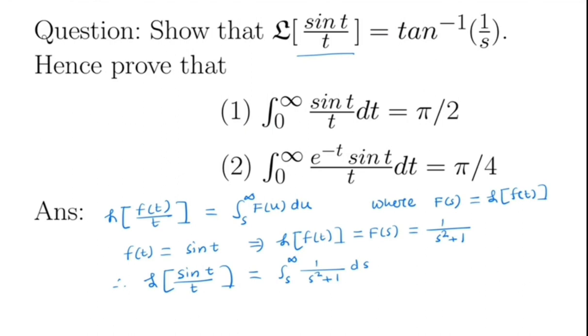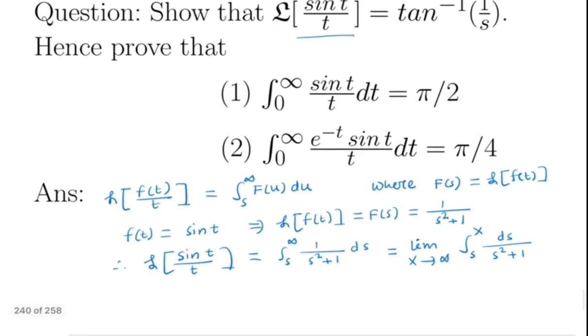Okay. Now, note that this is an improper integral, so we will solve it by using the limit definition. So this integral can be written as the limit as x tends to infinity of the integral from s to x of ds by s squared plus 1. Now we know that the integral of ds by s squared plus 1 is nothing but tan inverse s.